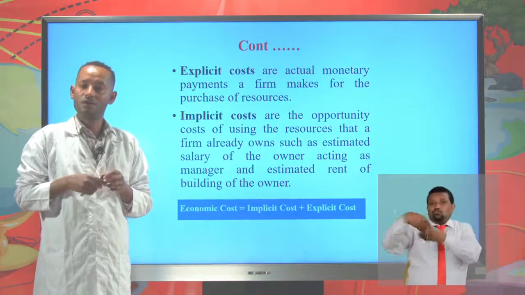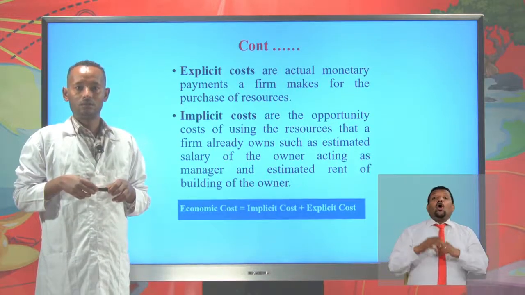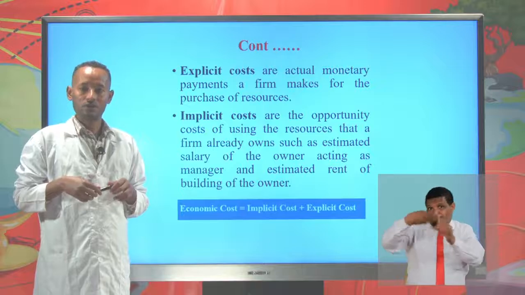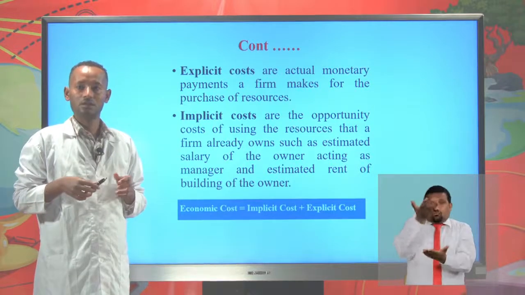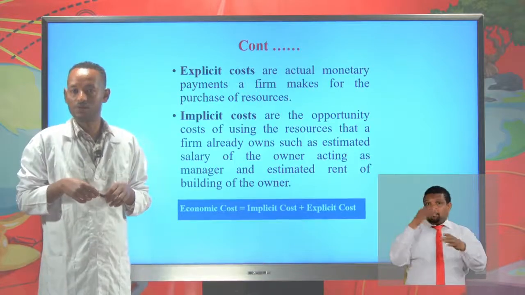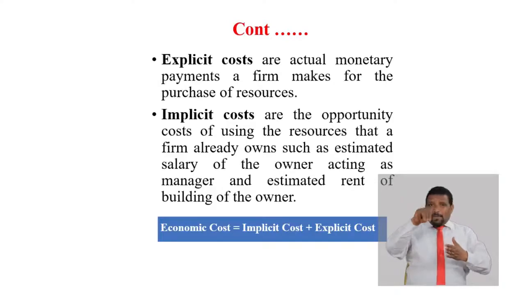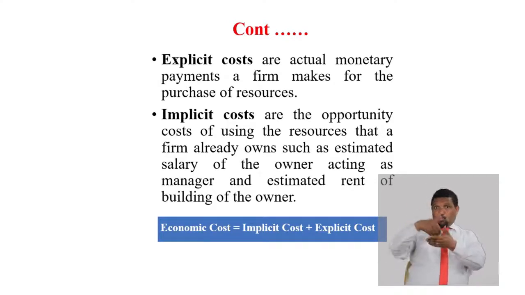Expenditures made for the purchase of oil, natural resources, raw materials, and electricity are all considered explicit cost. But implicit costs are those costs that are incurred by the owner.